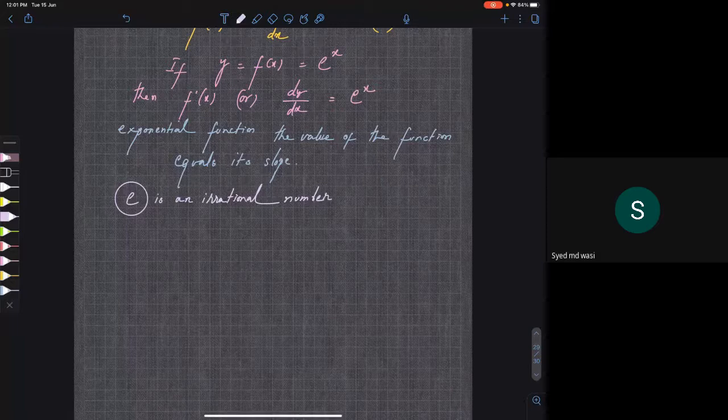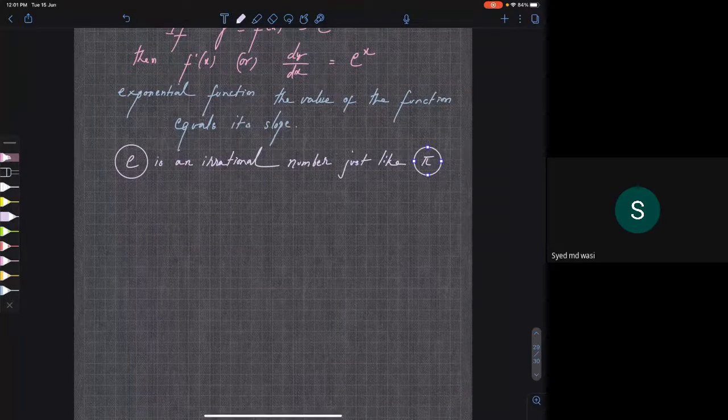It cannot be written in the p by q form, just like pi. And the value of e is 2.718 and so on. You're getting my point.